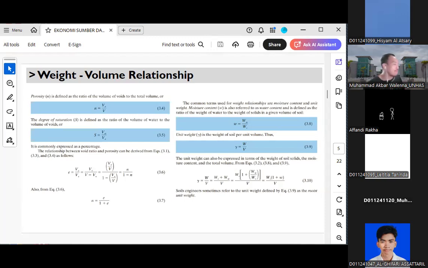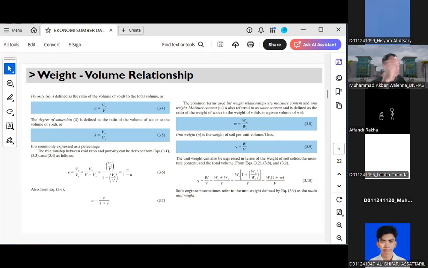The mix-up I usually encounter is that some civil engineers perceive moisture content as the weight of moisture divided by the weight of water and weight of solids.